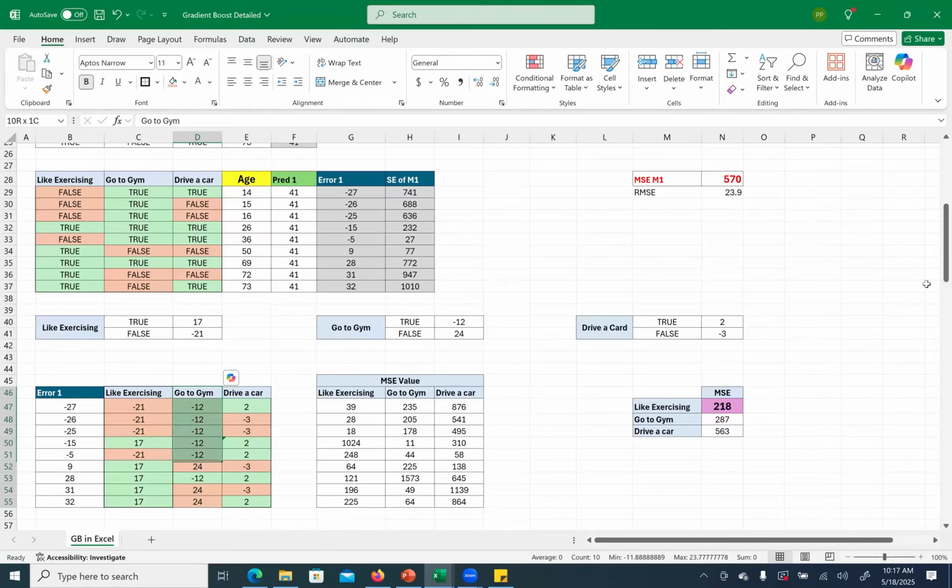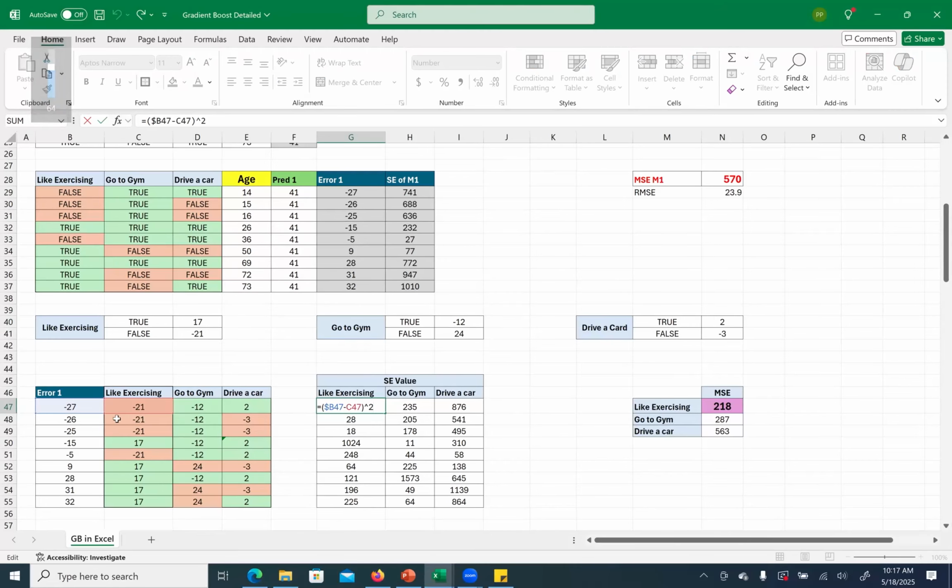If I use go to gym as my input column, what is the accuracy? If I use drive a car as my input column, what is the accuracy? So I will calculate square error. What is square error here? It is simply the predicted value minus the actual value and taking a square of it.